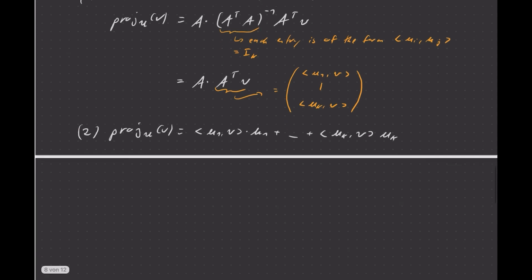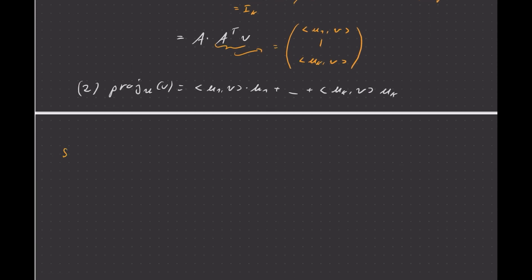And finally, we consider one very special case. Let's say U is spanned by just one vector, we call it y.